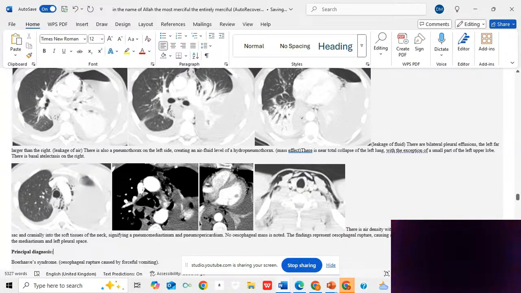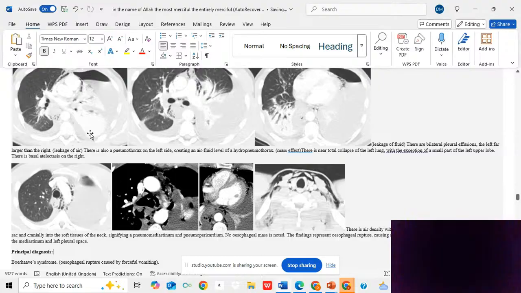What about the CT scan? In CT scan, you will see the leakage of air and fluid from the esophageal lumen. There are bilateral pleural effusions. The left is far larger than the right. There is also evidence of left-sided pneumothorax with an air fluid level denoting a hydropneumothorax with mass effect.